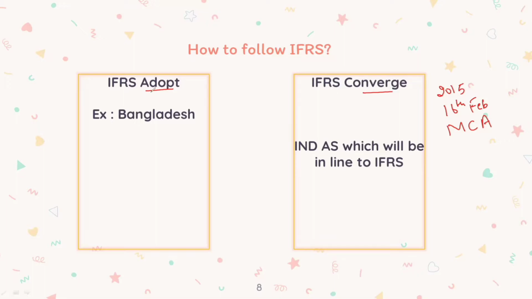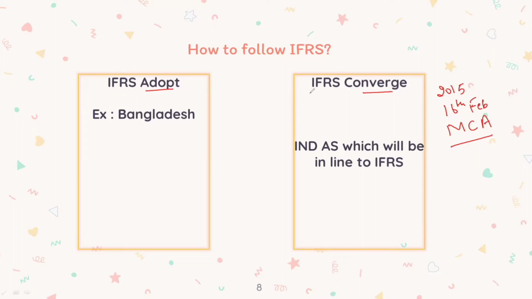I repeat, IFRS adopt is nothing but whatever rules are prescribed by the MCA, the same rules have to be adopted by the country or all the companies. When the country adopts the same set of rules issued by the MCA, we call it IFRS adopt.